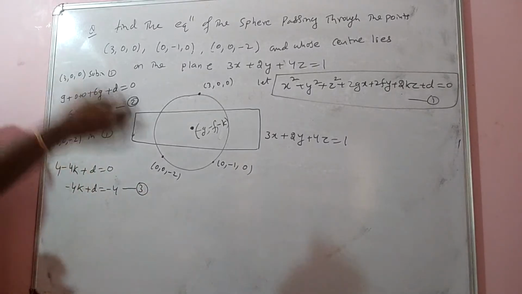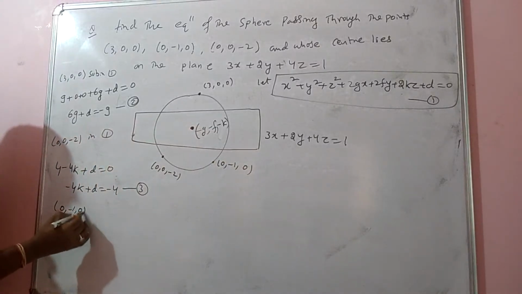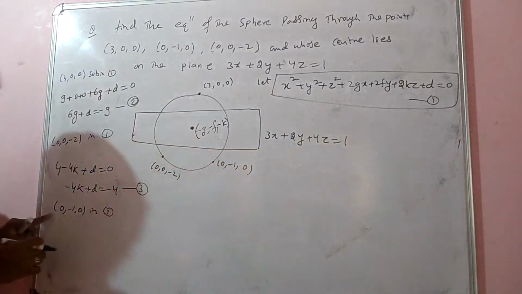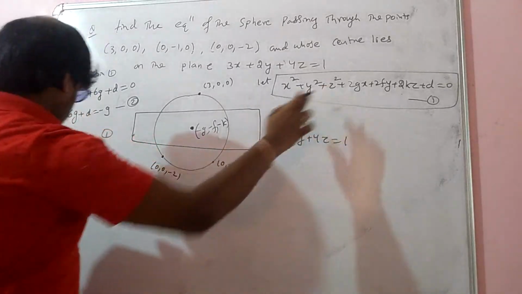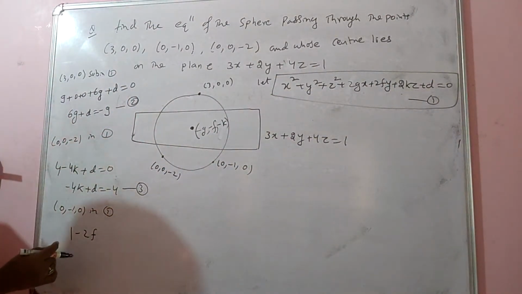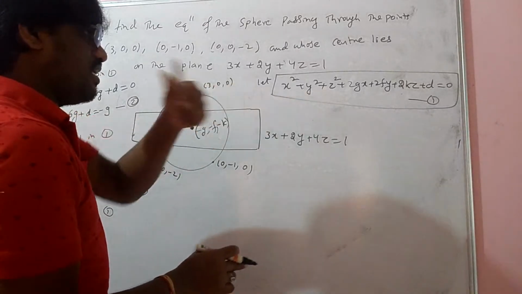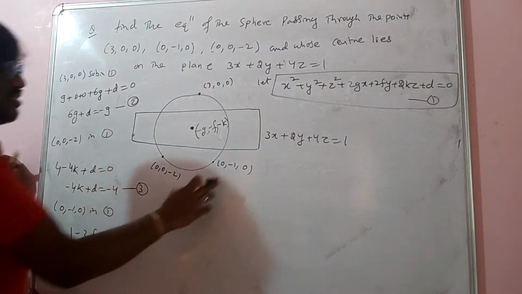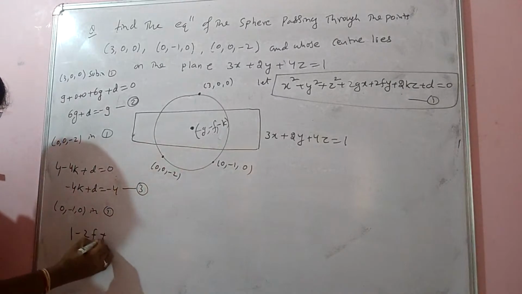Now another equation, I'll get 4 equations. I have to substitute (0, -1, 0) in equation 1. If I substitute, -1 square is 1 and the other terms are 0. The 2fy term will be -2f, and then plus d, correct? So 1 - 2f + d is equal to 0.